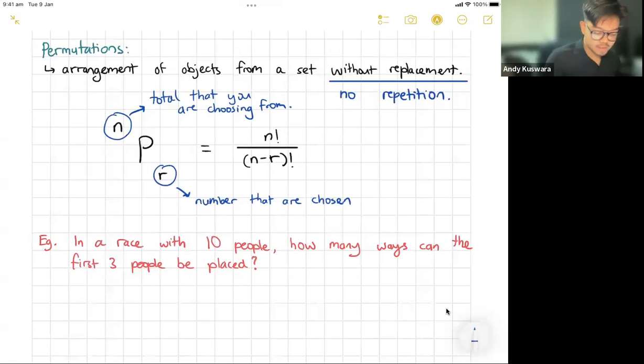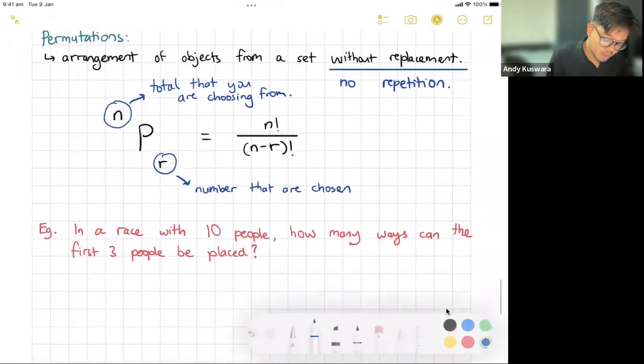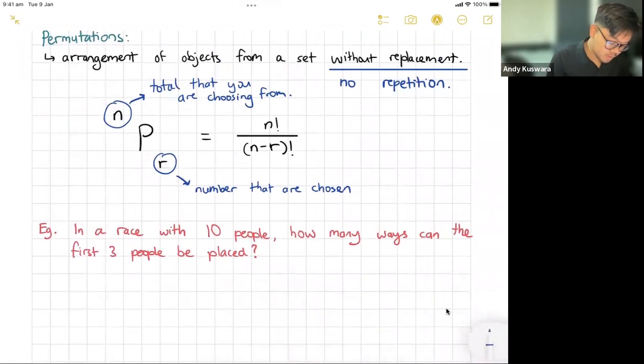Let's try to actually figure this out. We'll do the same question, but we're going to use this factorial notation, and we can double check it with the calculator to get our answer. In a race with 10 people, how many ways can the first 3 people be placed? The total number that we're choosing from, n, is 10 people.